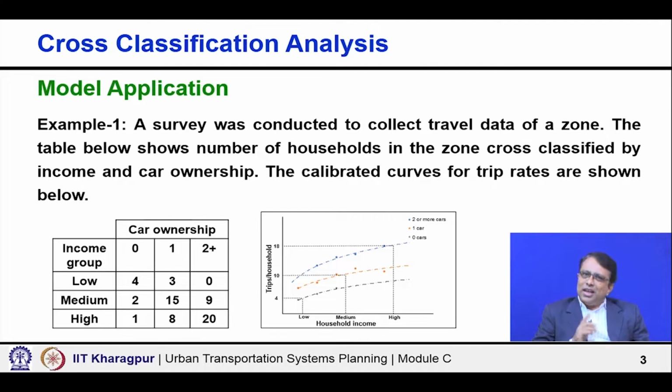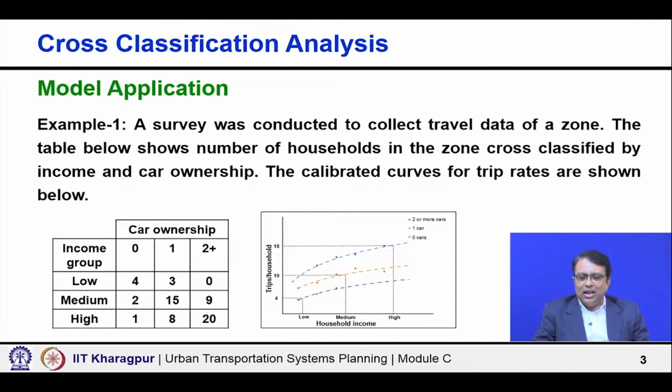In that example we considered 5 categories based on household income and 3 based on car ownership, but here we are using only 3 income categories, say low income group, medium income group and high income group. Let us say that the rates have been developed as per these groups.